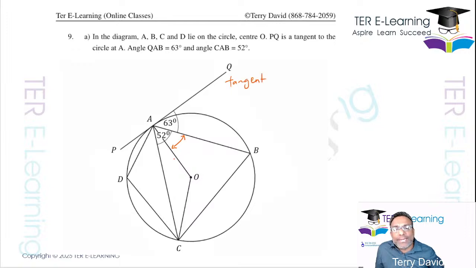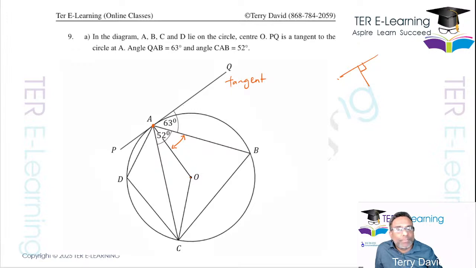And this line here from A to O, that's a radius. So the angle between a tangent and a radius is going to be 90 degrees. So from this diagram I know what this whole angle is. That's 90 degrees. So I can work out the angle they're asking for.